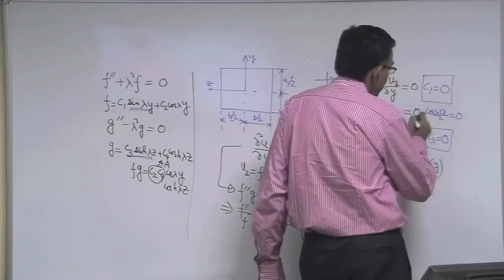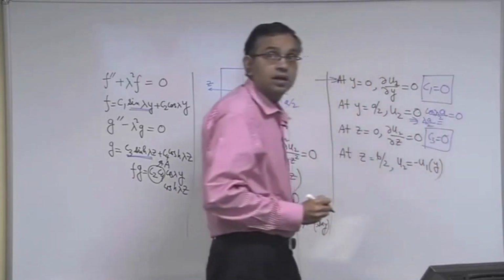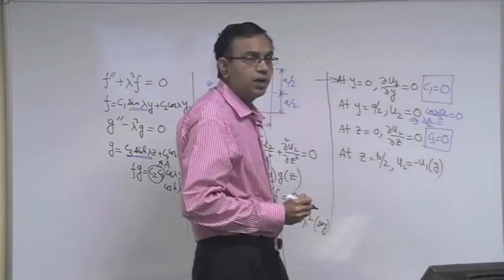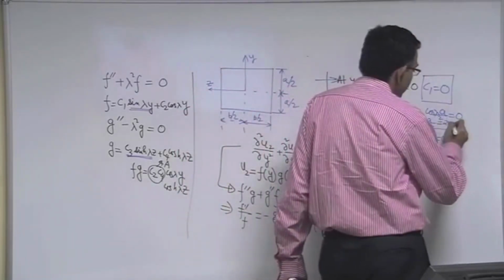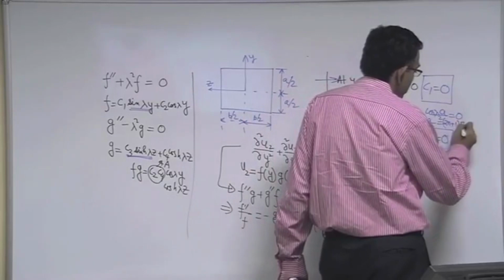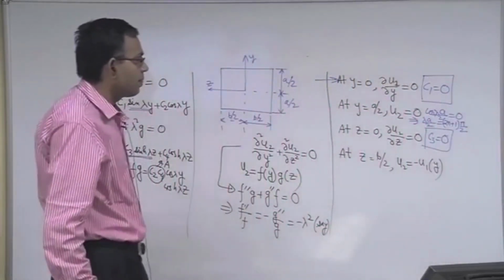What does it mean? It means lambda a by 2 is equal to what? Odd multiple of pi by 2, 2n plus 1 pi by 2.